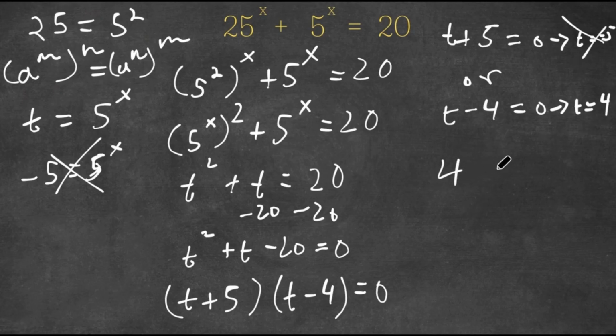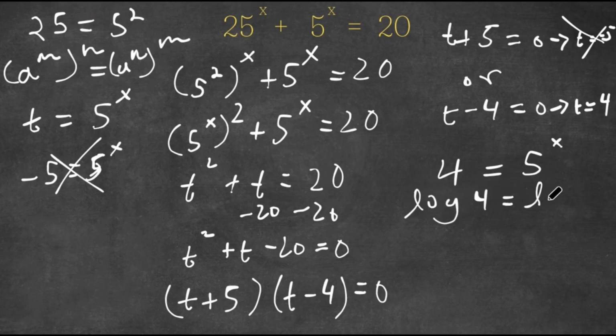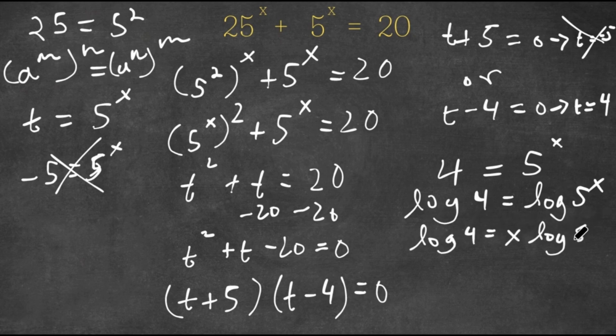So now we have 4 is equal to 5 to the power of x. Now I'm going to take the log on both sides. So I have log 4 equals log 5 to the power of x. And then this would get me to log 4 equals x times log 5.